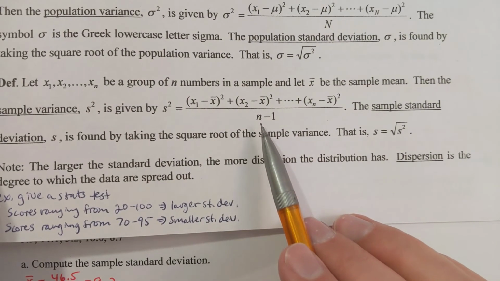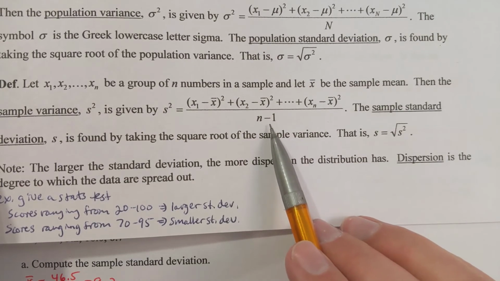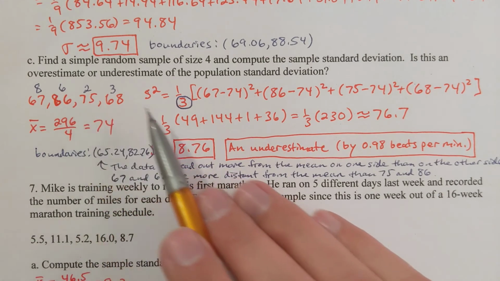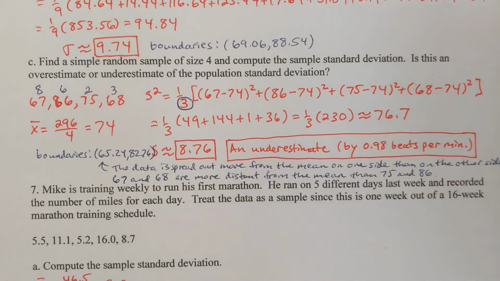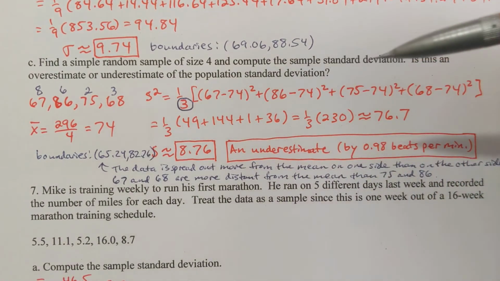We need to divide by n minus 1, where n represents the sample size. Here I've got a sample of size 4, and 4 minus 1 is 3. Don't make that mistake. I see students do that where they have a 1/4 and it should be 1/3, because they didn't subtract 1. Remember, you only do that when you find the sample variance, not the mean.